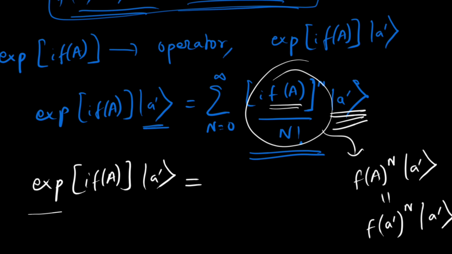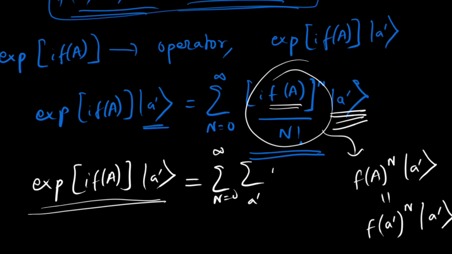So this will just fetch us the exponential, the sum from n goes to 0 to infinity, of i f of a prime to the n over n factorial, a prime.